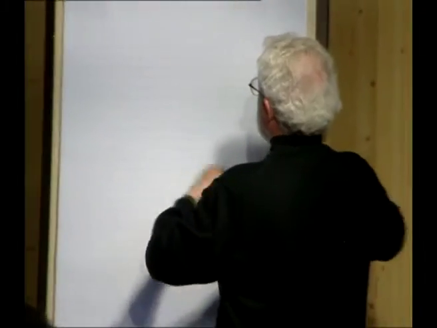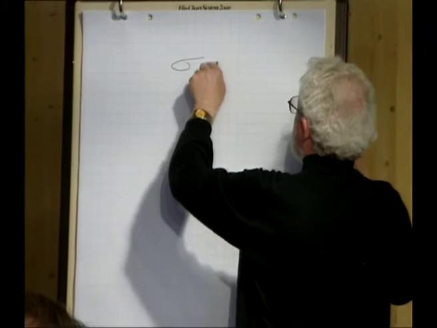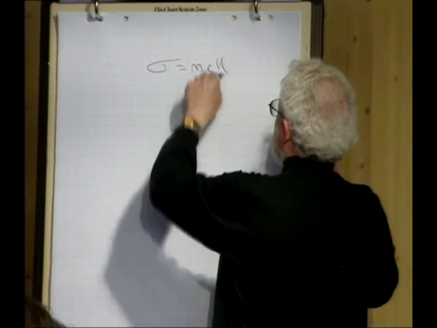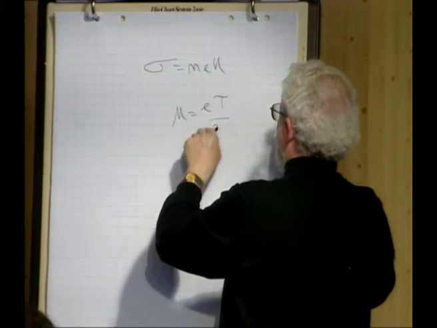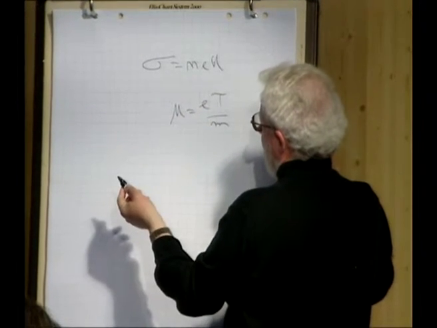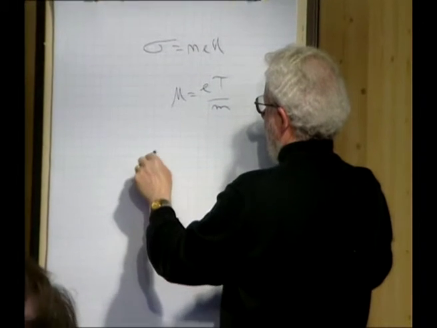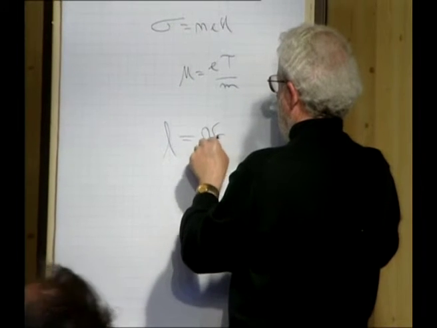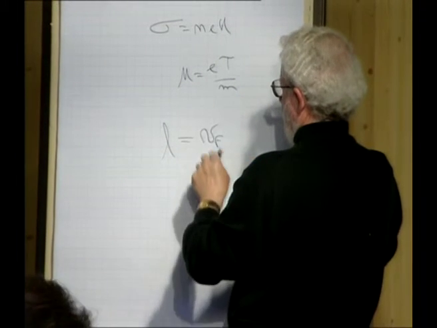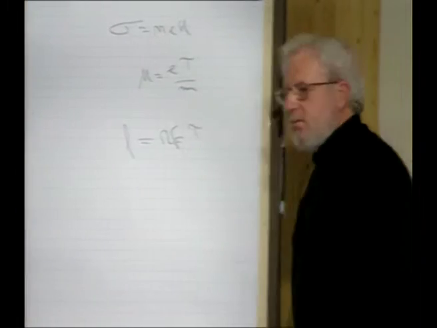You write the conductivity. And the mobility mu is e tau over the mass, and tau is the scattering time. So the mean free path, let's call it L, is the Fermi velocity times the scattering time tau.